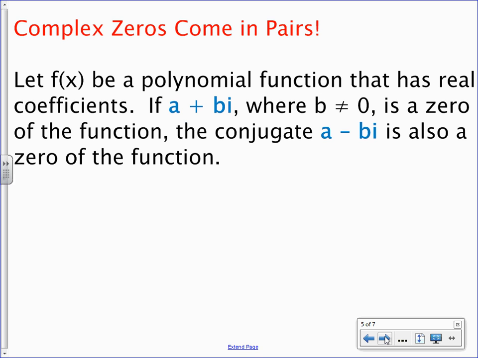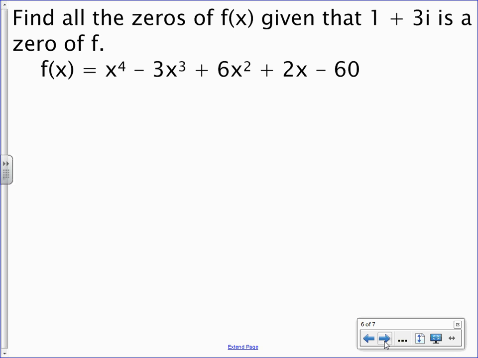Why do we need to know this? Here, I have a fourth degree function, and I'm telling you that 1 plus 3i is a zero. I want all of the zeros.